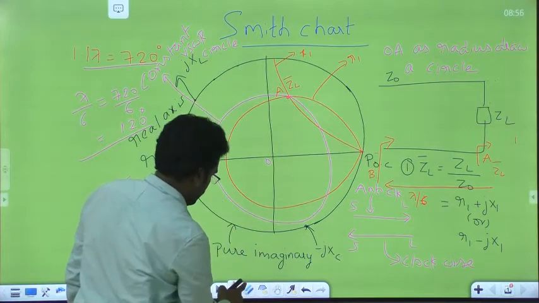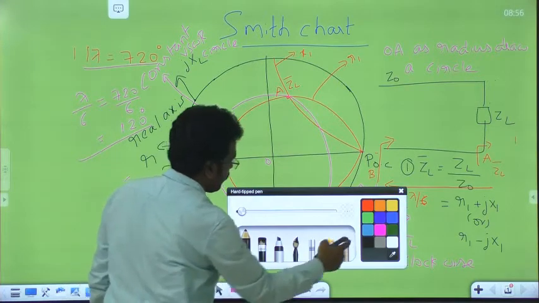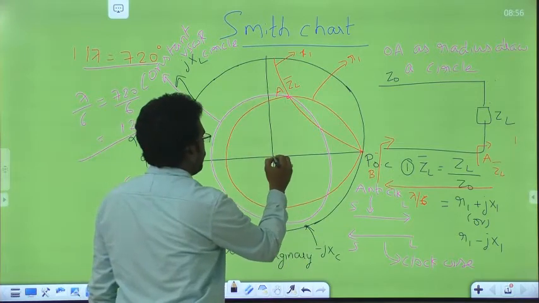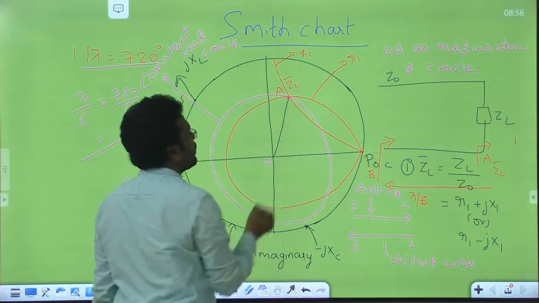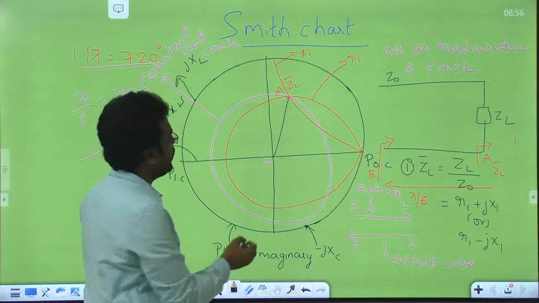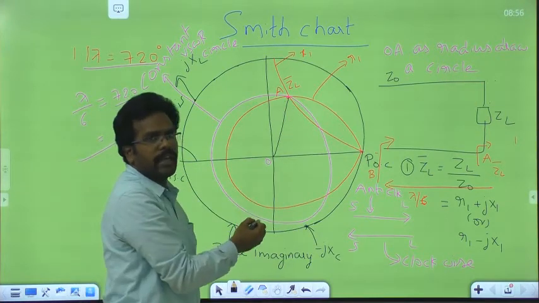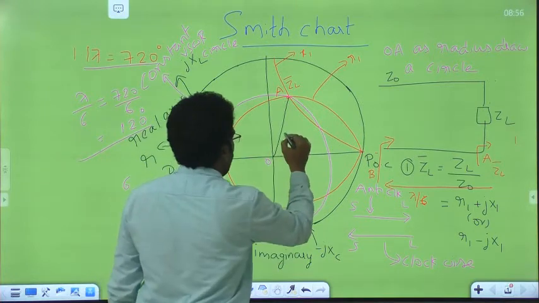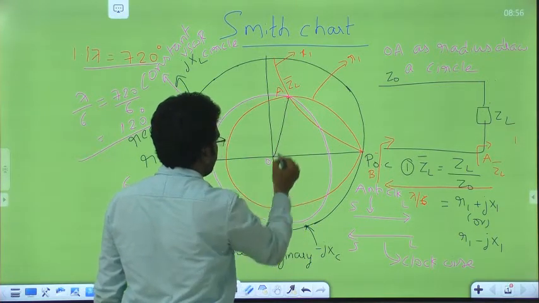Now we should take OA as a reference line. From this, use a protractor and plot 120 degrees.